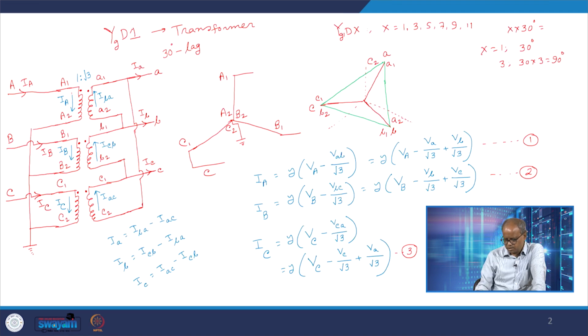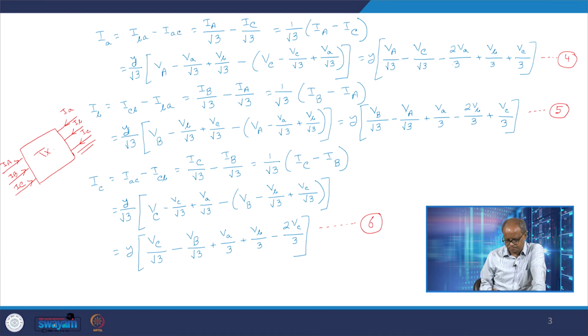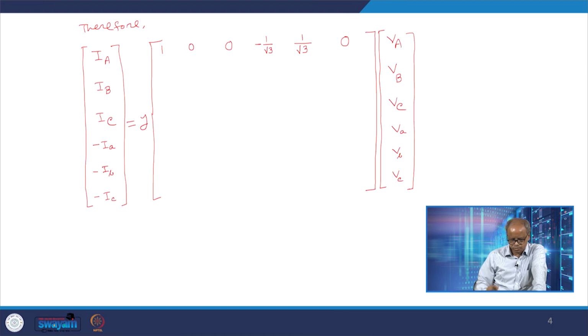Then for I capital B, minus VB plus VC, so this is 0, 1, 0, minus VB is minus 1 by root 3 and plus VC is 1 by root 3.